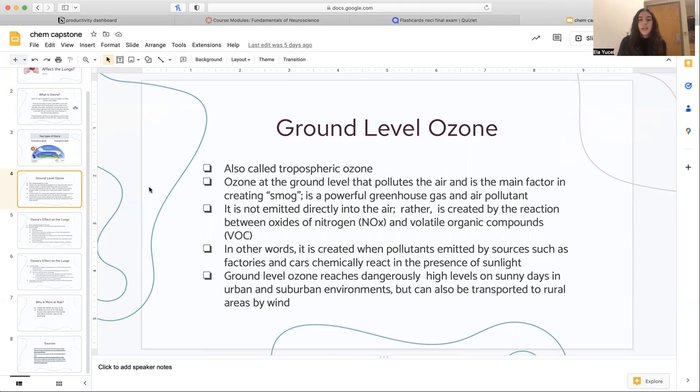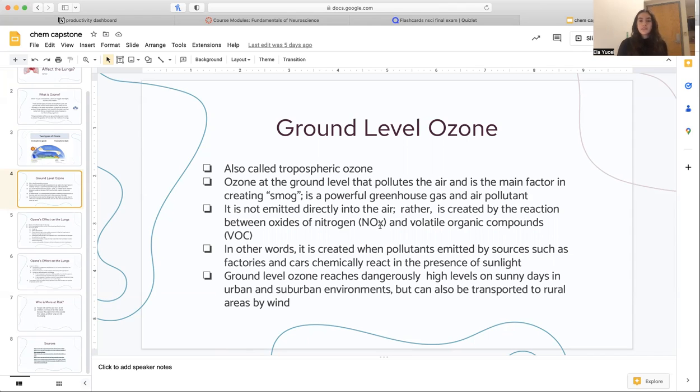It's not directly emitted into the air. Rather, it is caused by the reaction between oxides of nitrogen, abbreviated as NOx, and volatile organic compounds, abbreviated as VOCs, as seen in the slide.